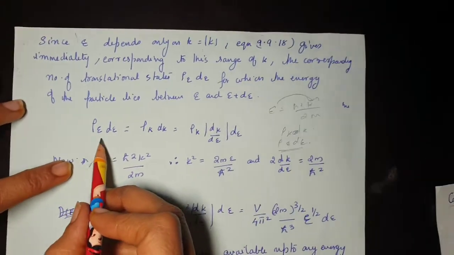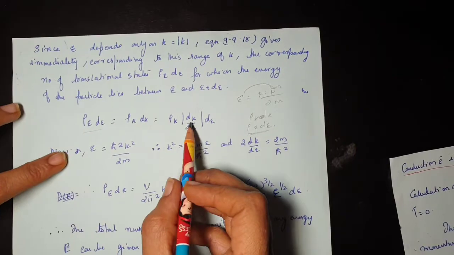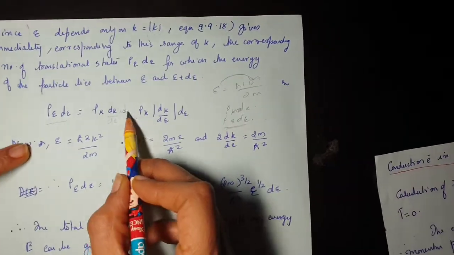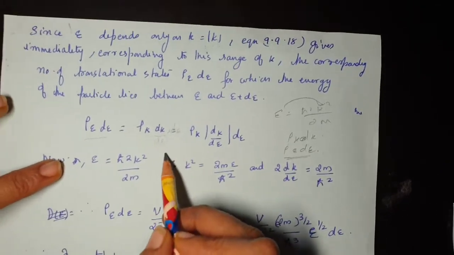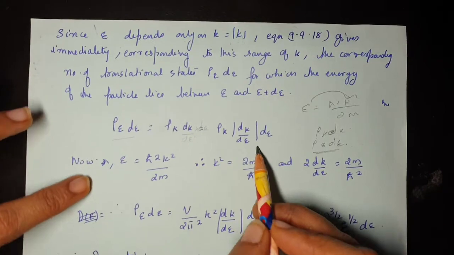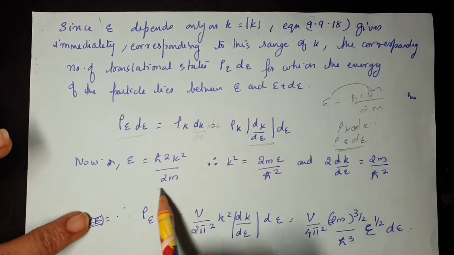So I am going to write ρ(E) dE is equal to ρ(k) dk, and if I multiply and divide by dE, so I take the magnitude of dk by dE like this. You keep this here, and then you have our equation.